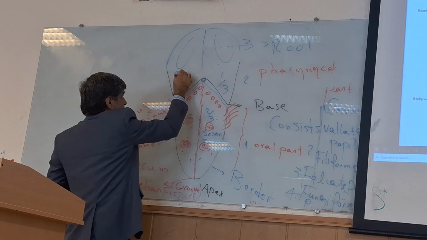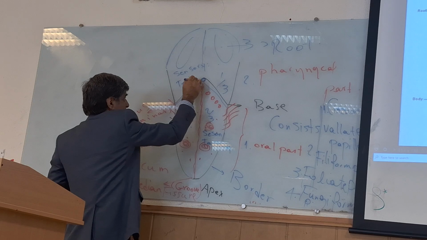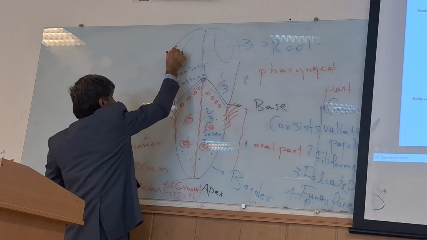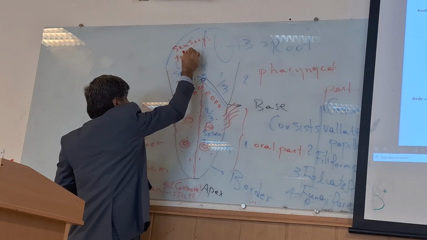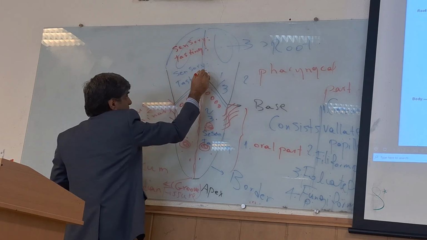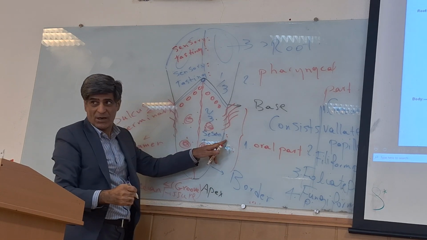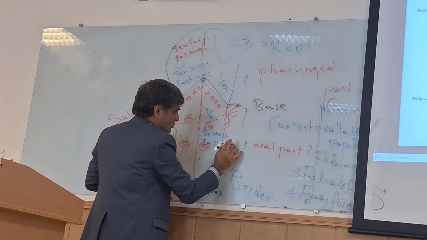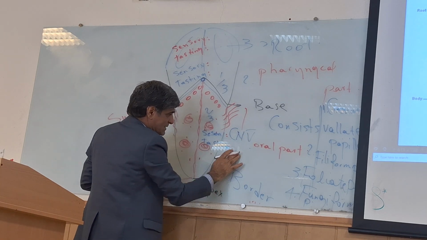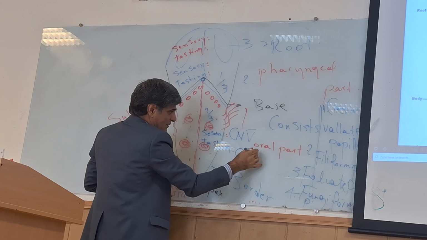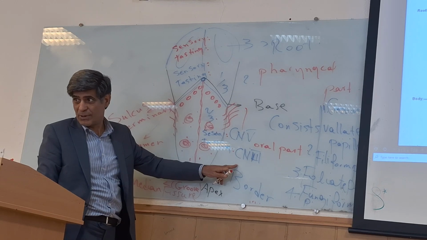This part, sensory nerves and taste nerves. This part sensory is trigeminal, CN5, lingual nerve, and taste is CN7, chorda tympani.